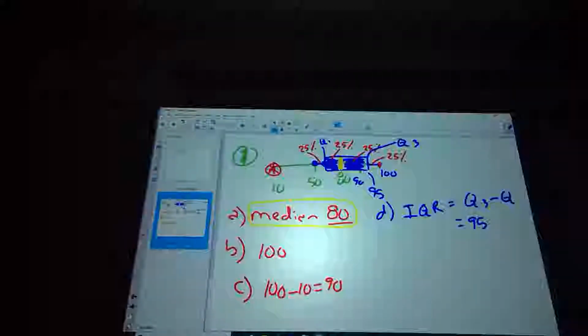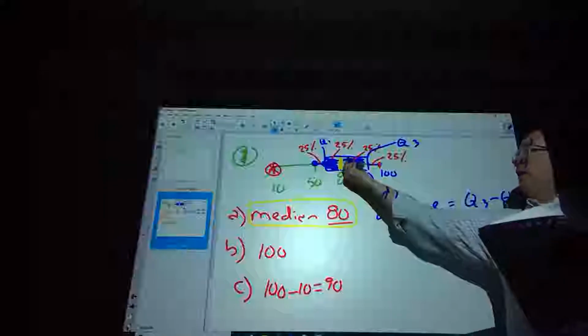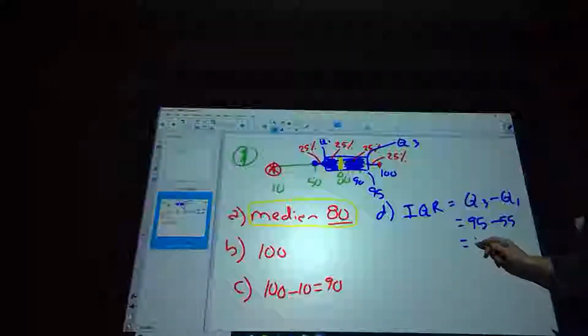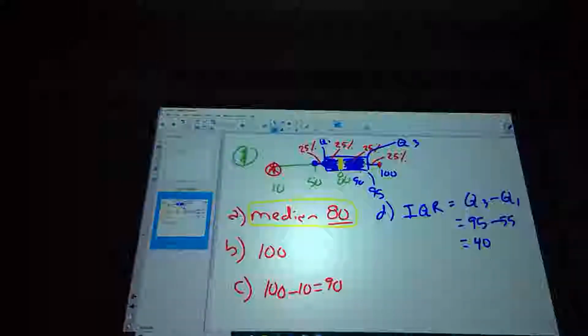And Q1, I would say, is 55. Is IQR always Q3 minus Q1? Yeah, it's always that. The IQR covers half your data in between. And so if I do that math, my IQR is 40.